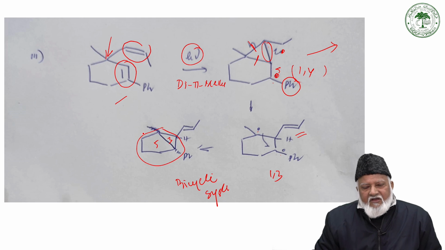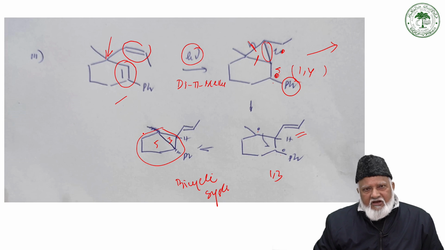These rearrangements have been found to be very interesting from a synthetic point of view, because from an open chain we end up with a monocyclic system, a cyclopropane ring. If one of the double bonds is a part of a ring system, it gives a bicyclic system, and so on and so forth.